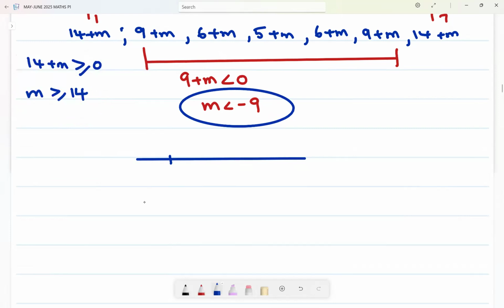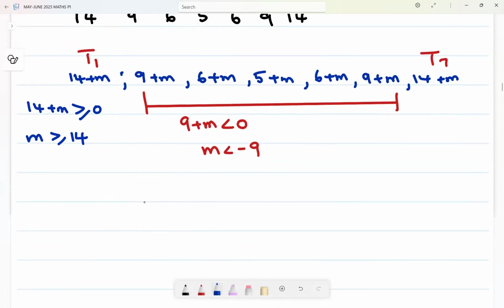Guys, why am I saying this? Let me quickly confirm this. We said the value should not be less than negative 14.